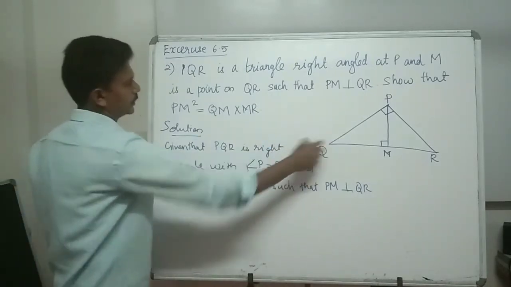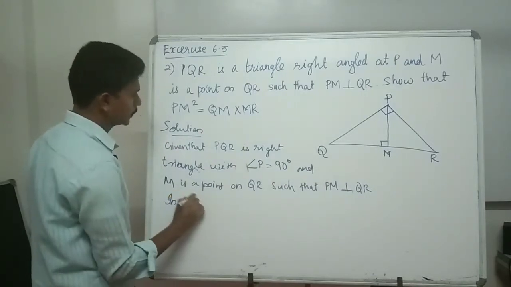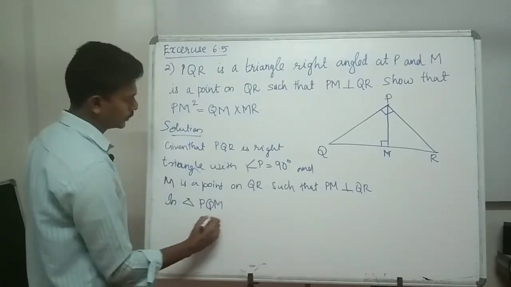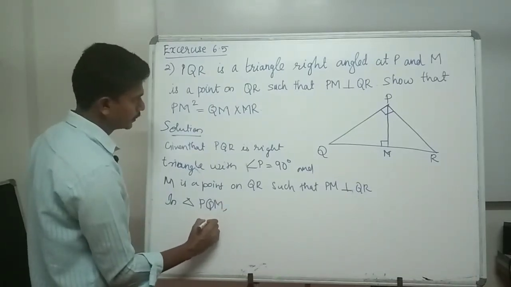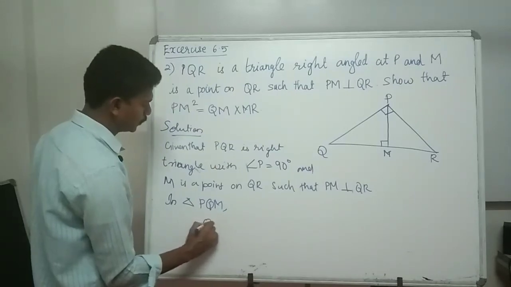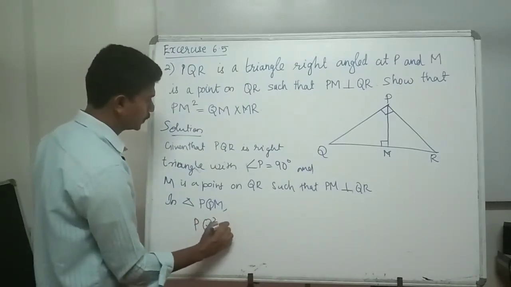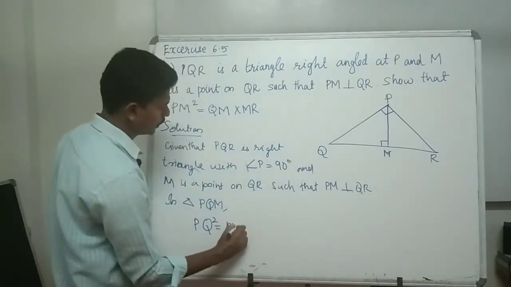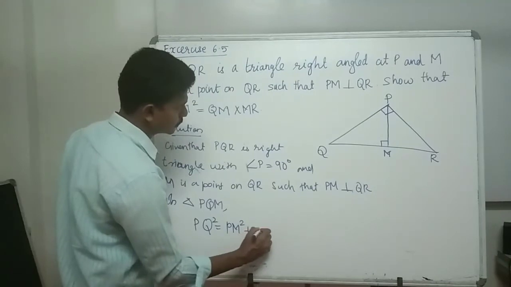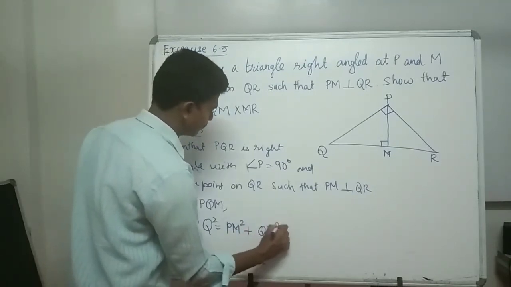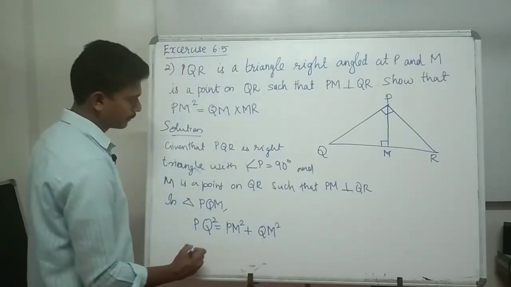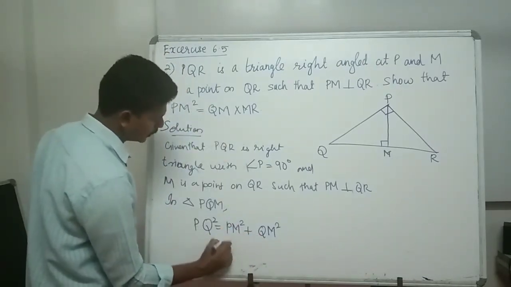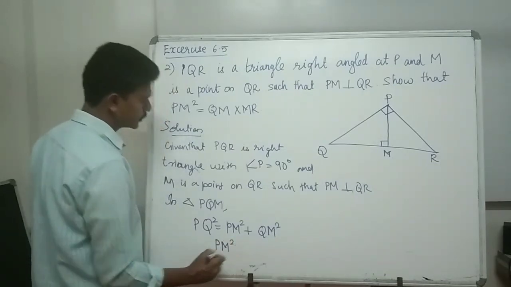So first this triangle we can take. In triangle PQM, we can say PQ is the hypotenuse side. So PQ square is equal to PM square plus QM square. So here we need PM square.